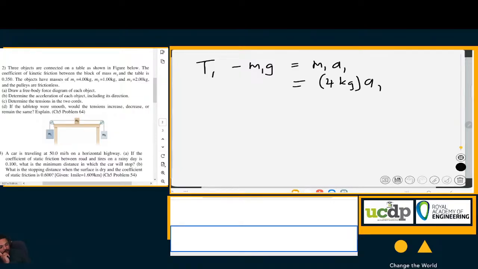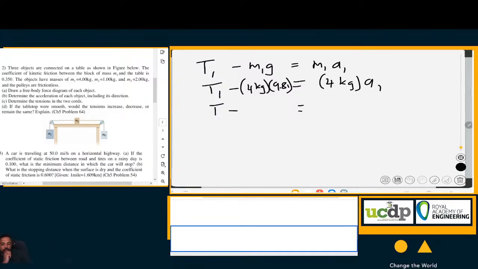But here's a weird thing that I did not write down, or I will write it at the end. The tension in 1 is T1 minus 4 kilograms multiplied by 9.81. So the first equation is actually T1 minus 4 times 9.8, which should be 39.